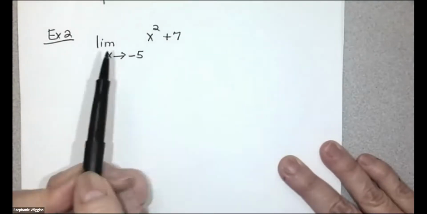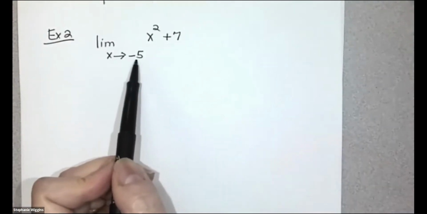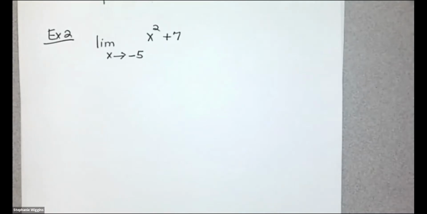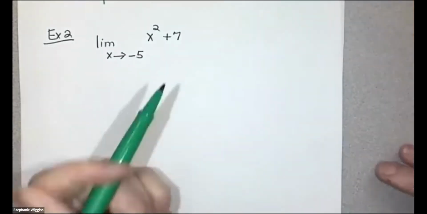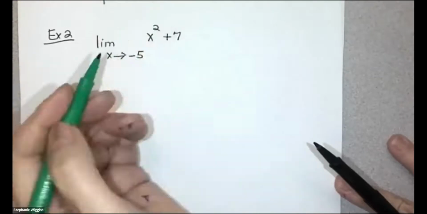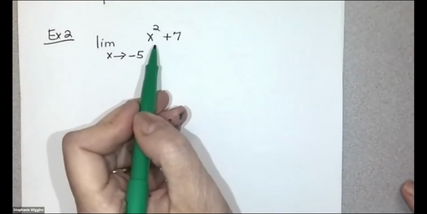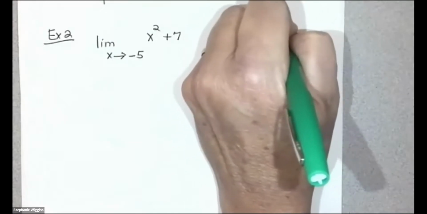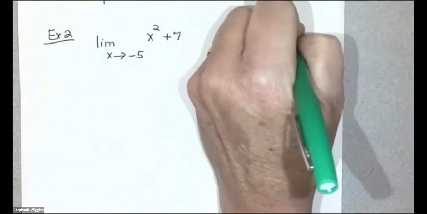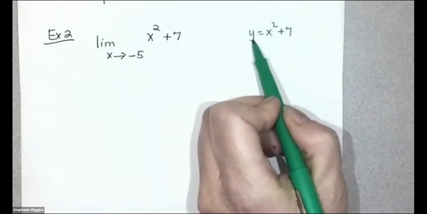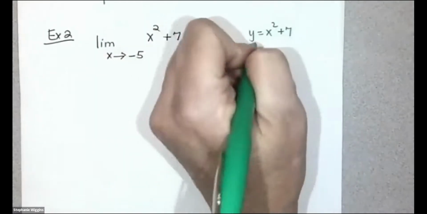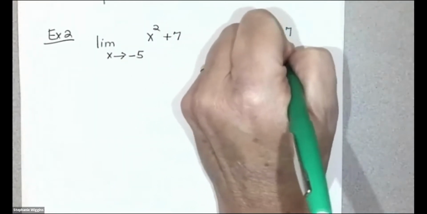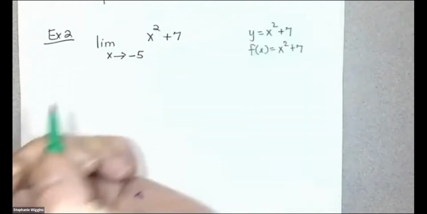Those are the outputs. This is the input. Now, what kind of function is this? Well, this is a polynomial, specifically a quadratic function, so it's a parabola. In other words, y equals x squared plus 7, or you could say f of x equals x squared plus 7.